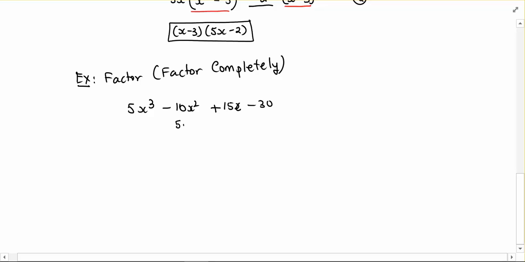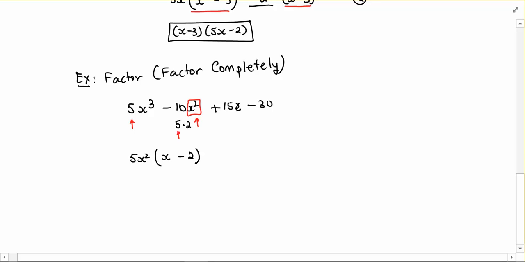I'm going to write the 10 as 5 times 2, and then immediately I see there's a 5 and a 5 to the first, and then an x to the second right there, which is common. So my GCF for the first two is going to be 5x to the second, which leaves me with an x in the first place minus a 2 in the second place.